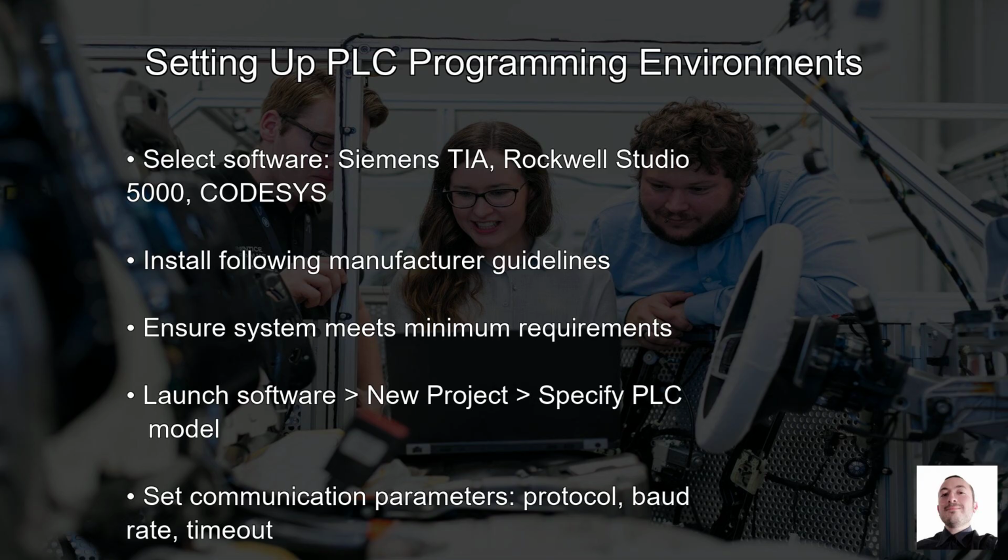Finally, establish a connection to your PLC. Use the IP address or serial connection details provided by your PLC documentation. A successful connection is indicated by a status change in your software, typically from disconnected to connected. This setup ensures your environment is optimized for PLC programming, allowing you to focus on developing robust automation solutions.